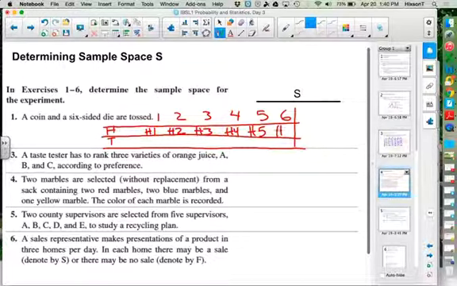Okay, that's part of our sample space. The rest of it would be a tail and a 1, a tail and a 2, a tail and a 3, 4, 5, and 6. Now we would want to list those in the braces to express it as a set, but that would be our sample space. Okay?